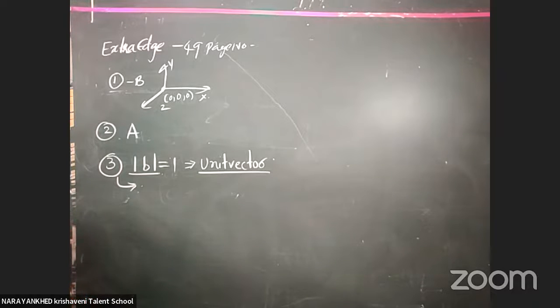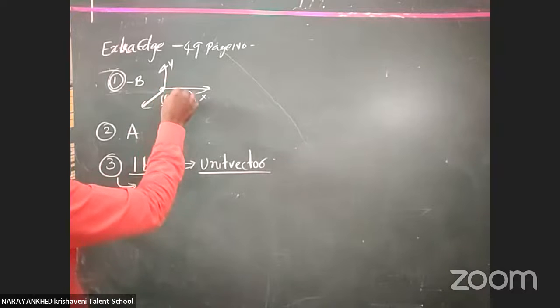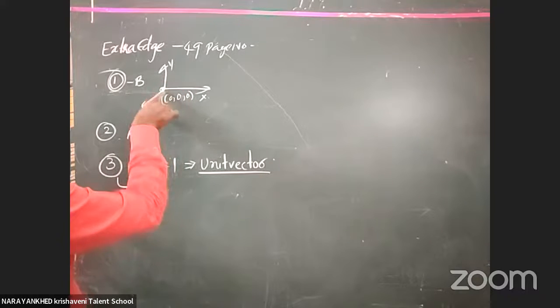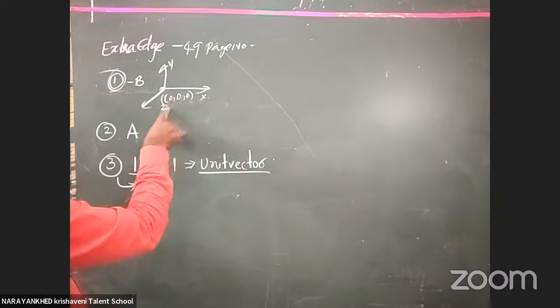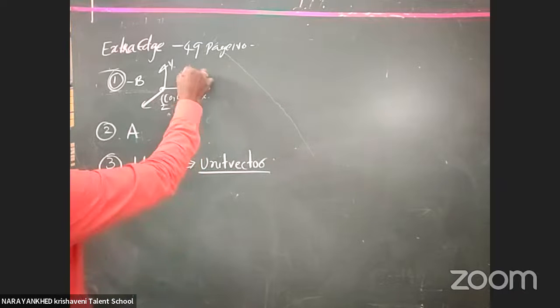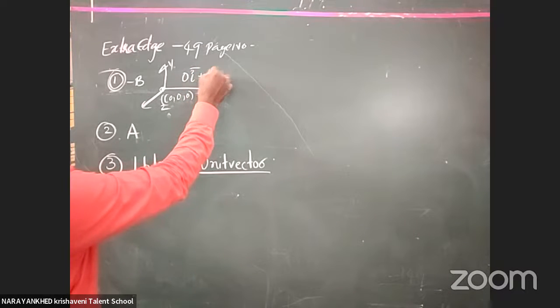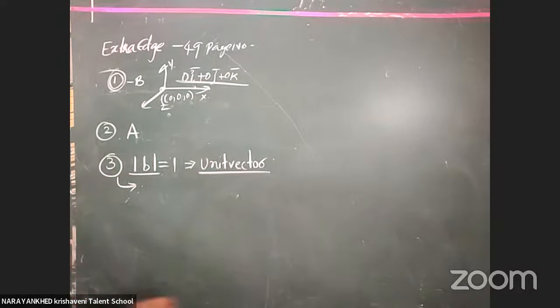Clear? And the first one is when we take it in R2. There we contain three coordinates as 0, 0, 0, as well as the x-axis, y-axis and z-axis. That's why the vector is written as 0 i bar, 0 j bar, 0 k bar. In this way, this will become a null vector.